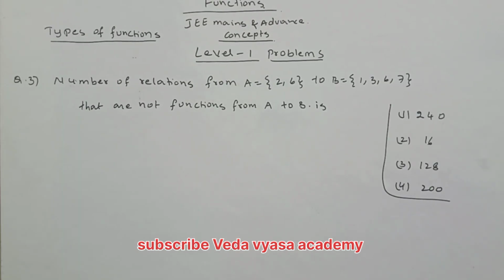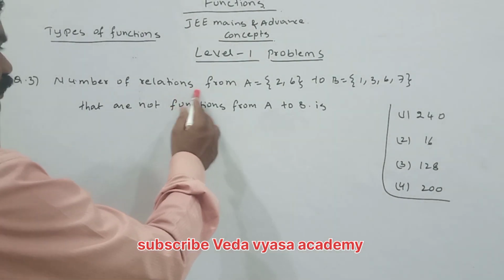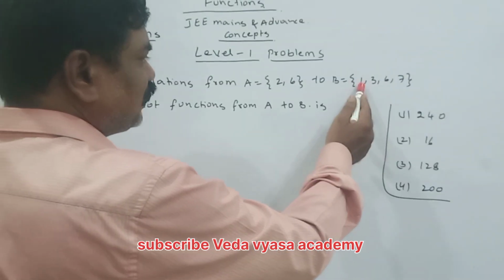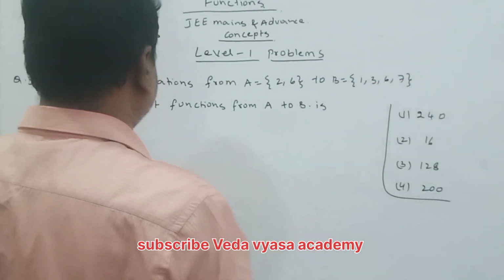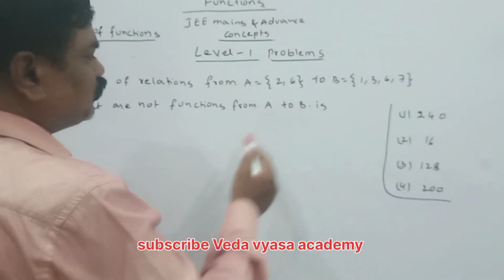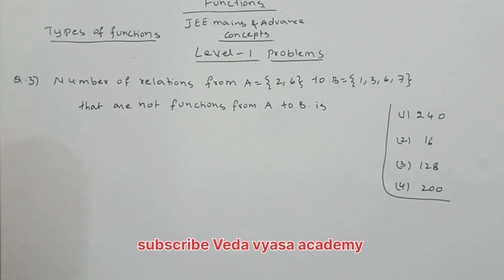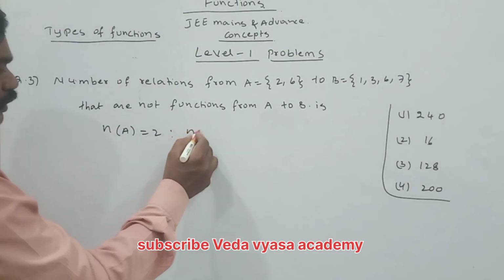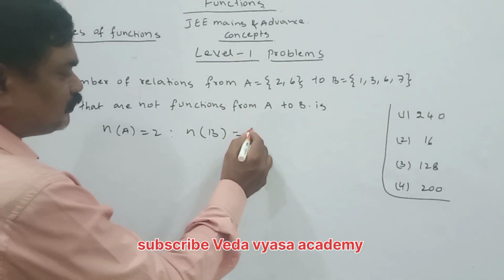Here we have the problem. Number of relations from set A equal to {2, 6} to set B equal to {1, 3, 6, 7} that are not functions from A to B. So here first, the number of A is 2 and the number of B is 4.